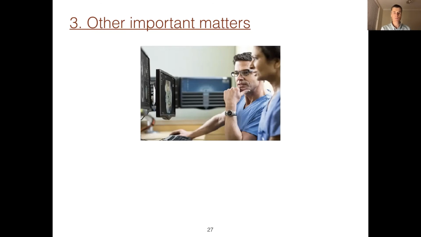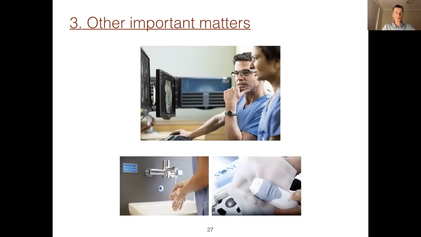I can't recommend this highly enough: discuss findings where possible with the cardiologist. Now, I know they're busy people, and I know that this is not always very easy, but make the most of those opportunities when they present themselves.